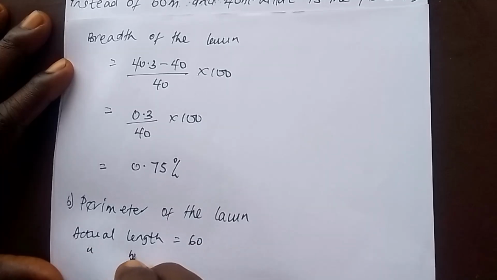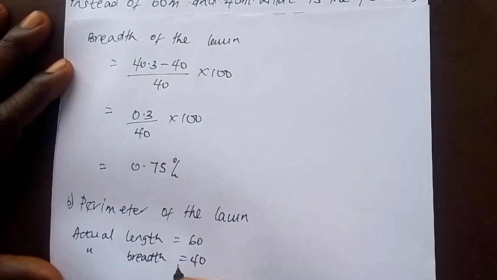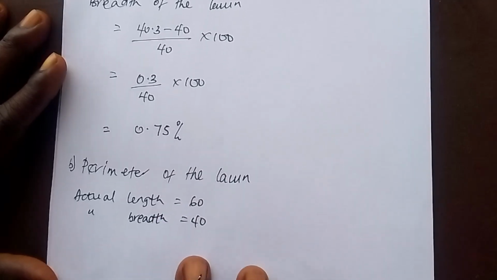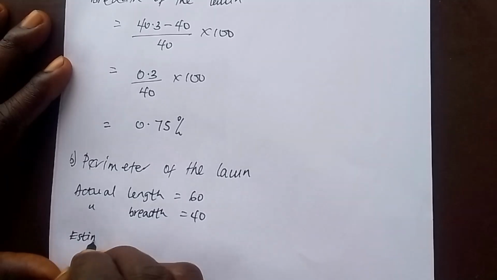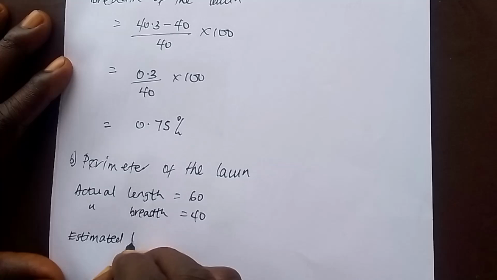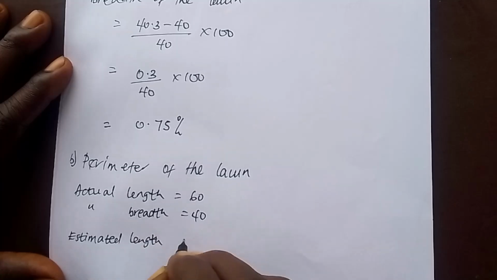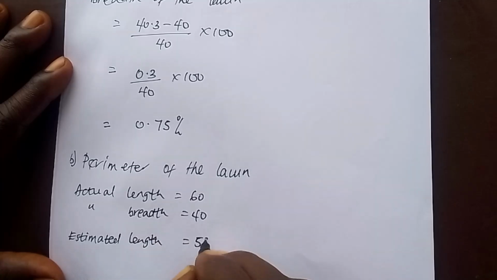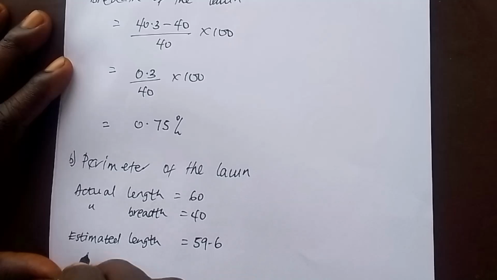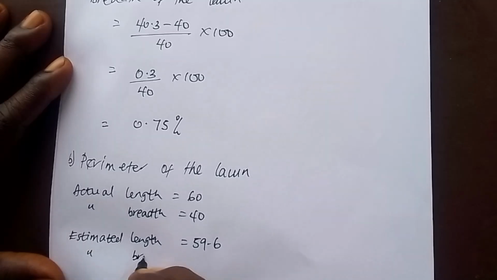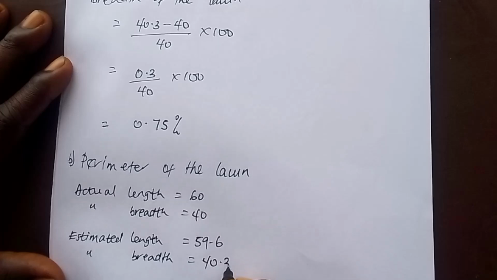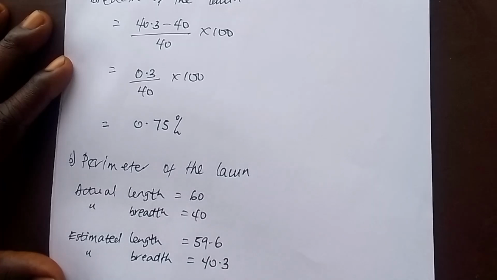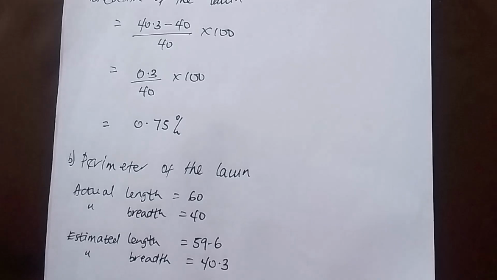Actual breadth is equal to 40. Estimated length, which is equal to 59.6, and then estimated breadth, which is equal to 40.3. Let's continue with the perimeter.